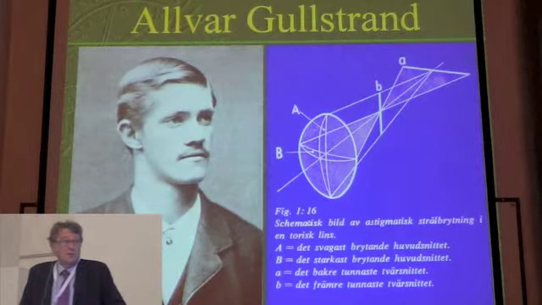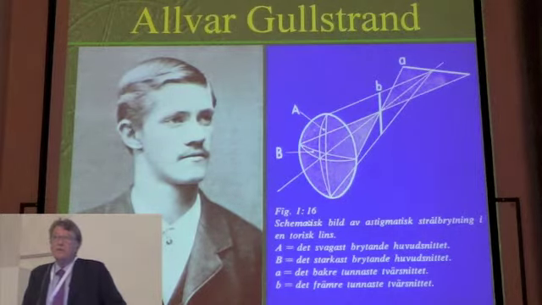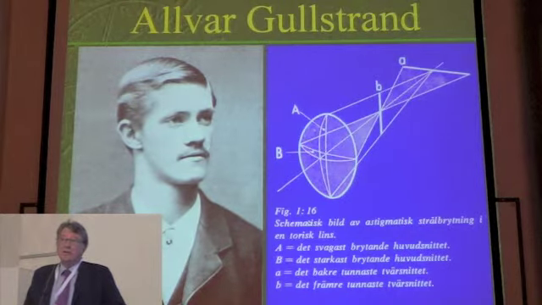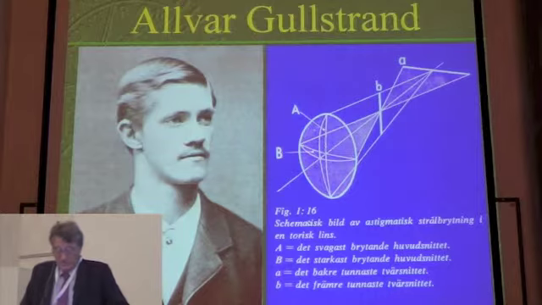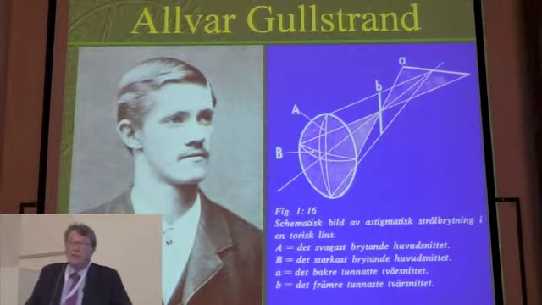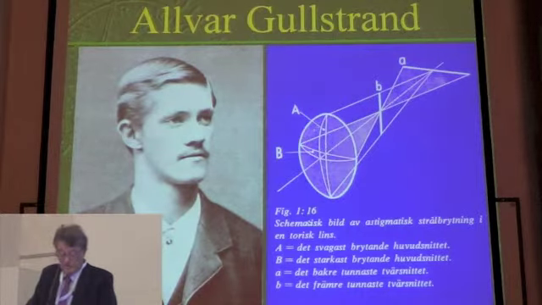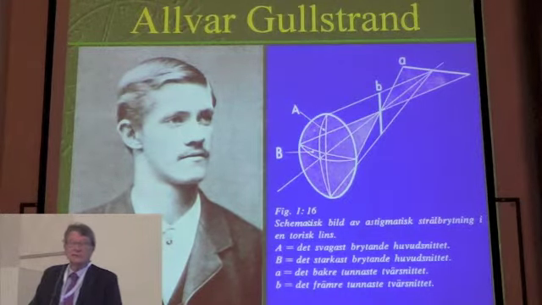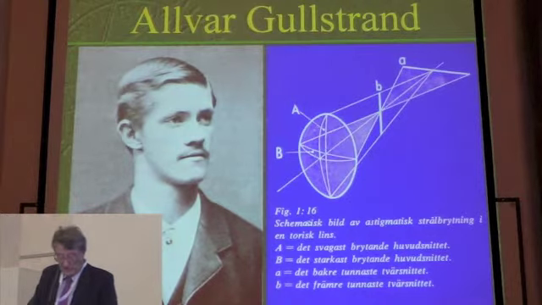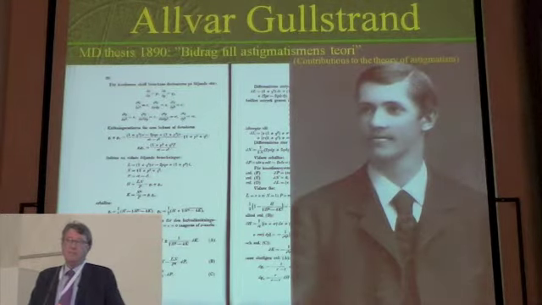And when he was offered a position to make an MD PhD in Stockholm, he decided that he should do that, and he should recalculate the formulas for astigmatism, which he did all on his own. He had no tutor. He devised his own mathematical methods, and he was successful, very successful.